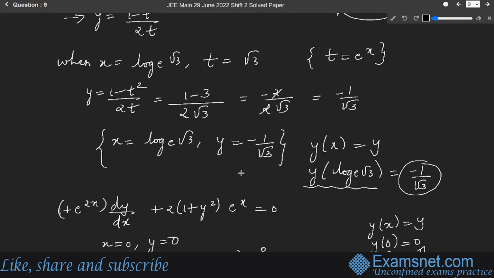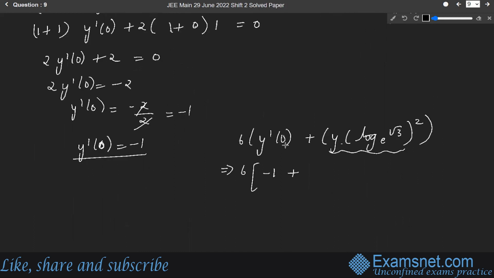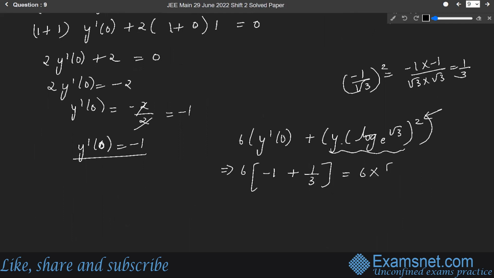It is minus 1 upon root 3. Its square, you can see that square is given here. So minus 1 by root 3 square is what? Minus 1 into minus 1 divided by root 3 into root 3. So it will be 1 by 3, right? Now 6 into, when we take the LCM, LCM will be 3. So we will have minus 3 plus 1 divided by 3. So 6 into minus 3 plus 1 is minus 2 divided by 3.